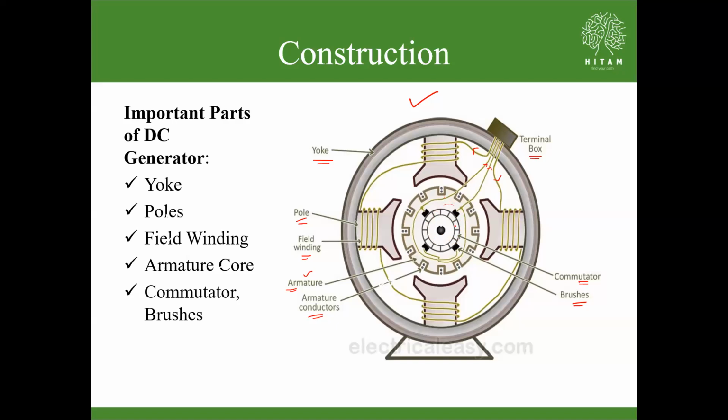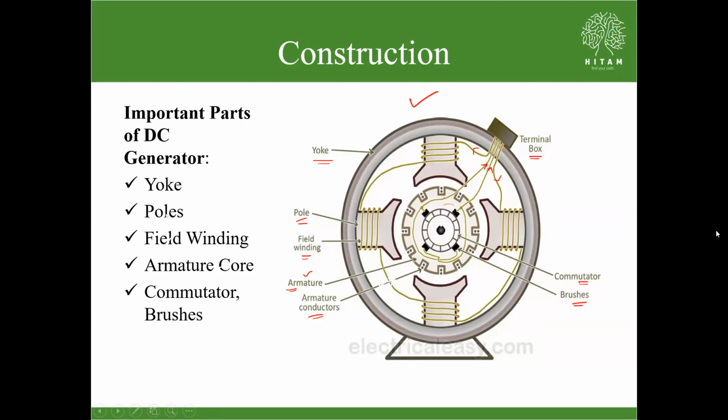The commutator has slots separated by thin mica, right? Above that, we have brushes. The use of brushes is to collect the current or voltage induced in it, which then gets communicated to the output through the terminal box connection, in this way.